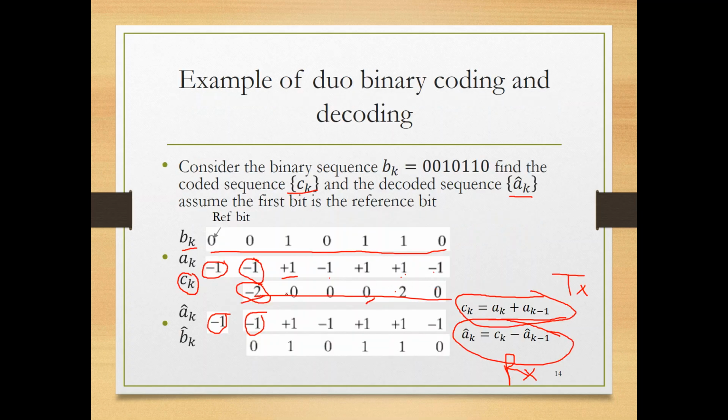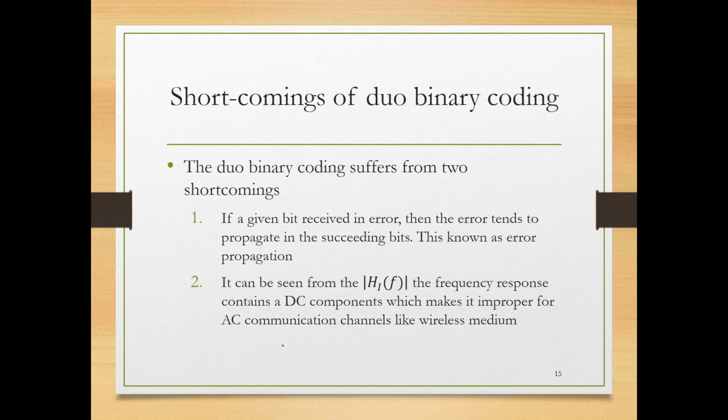Let's say you received an error here. Then, since your equation takes this and the previous one, it keeps its effect on all the upcoming detected bits. Error propagation, bad problem. We don't like it. We don't want it to happen. So, first problem, error propagation.